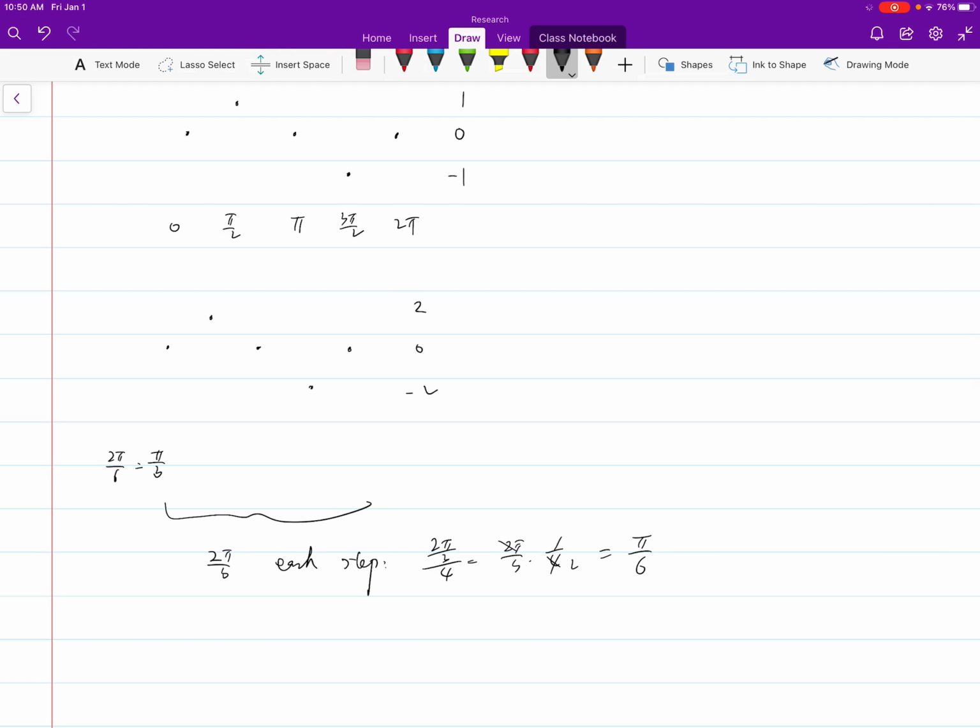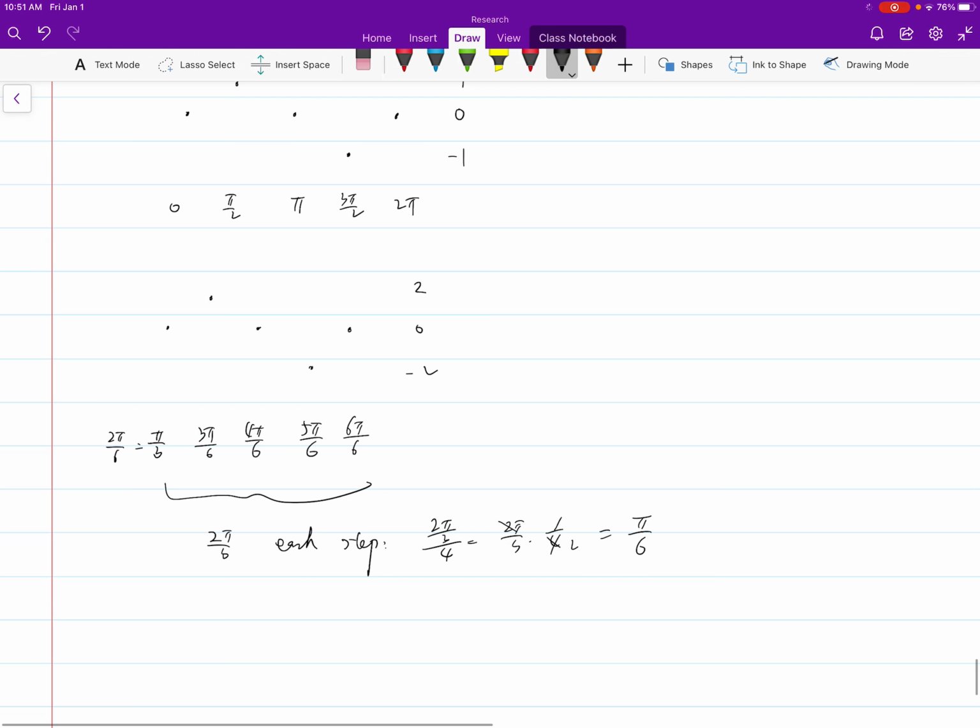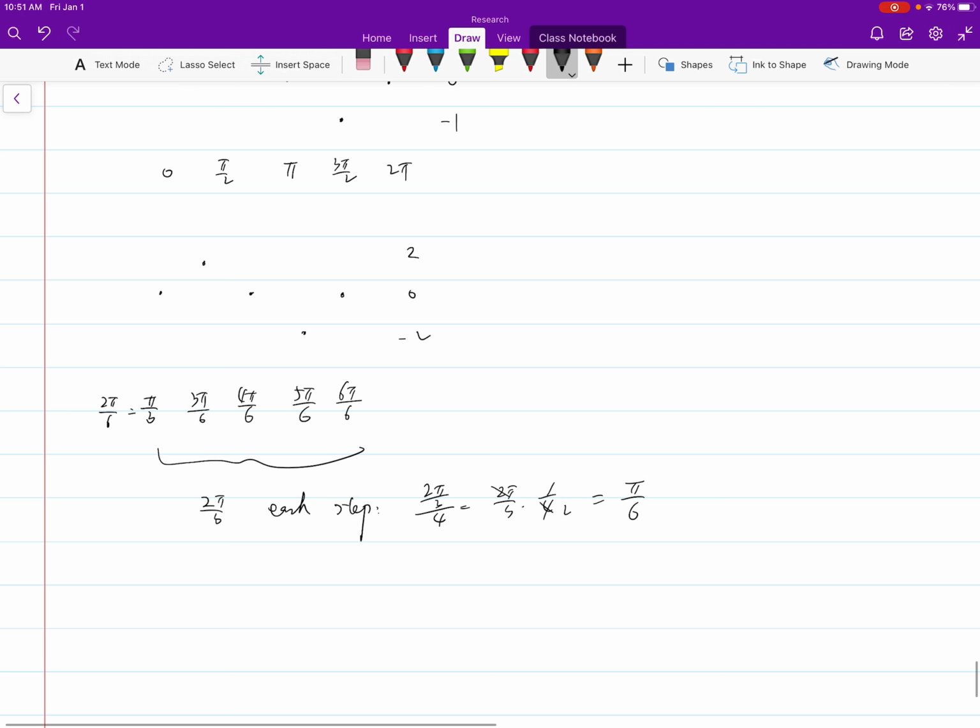Therefore, starting from pi over 3, which is 2 pi over 6, you go pi over 6 every time. So 3 pi over 6, 4 pi over 6, 5 pi over 6, 6 pi over 6. And there's a guarantee that when you finish, you have a whole period of 2 pi over 3 because you did it for 4 times.